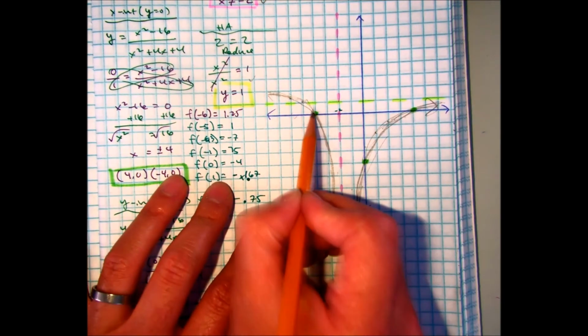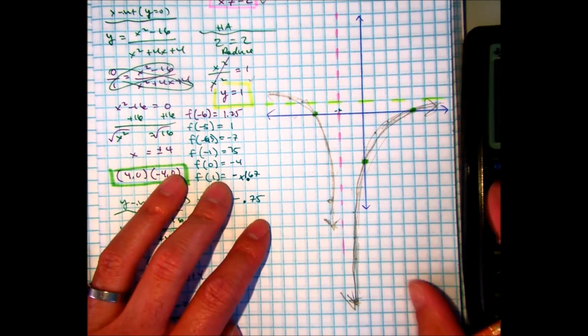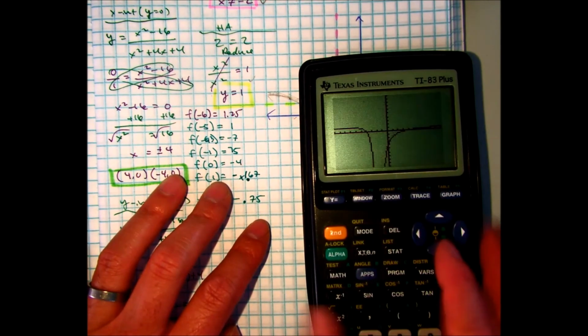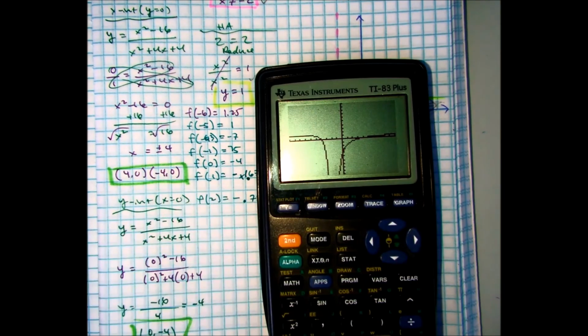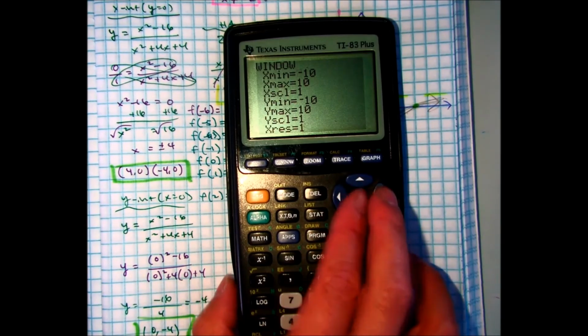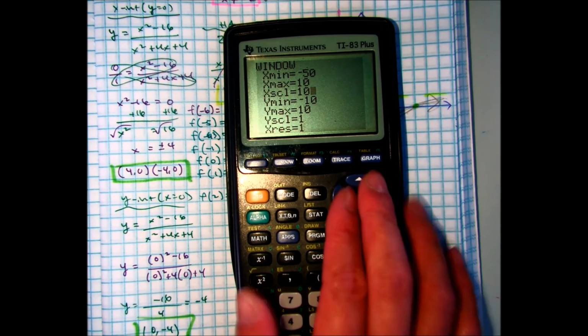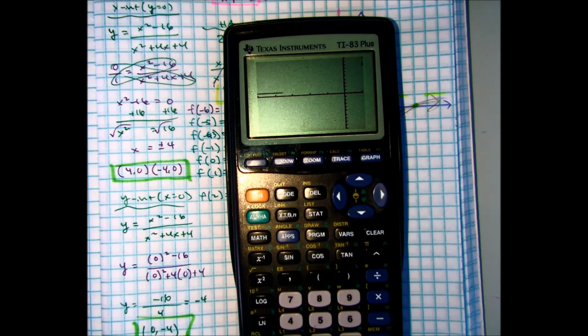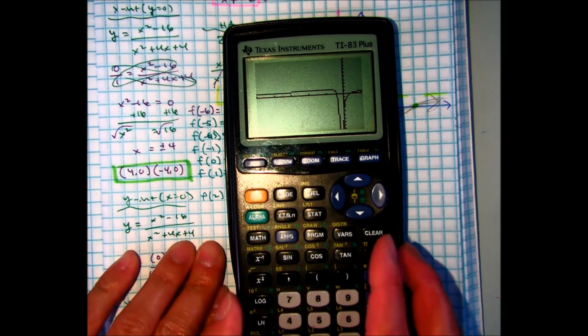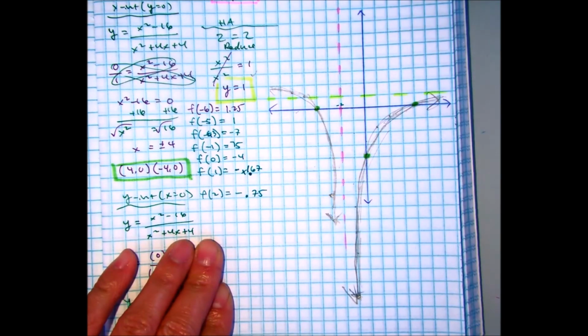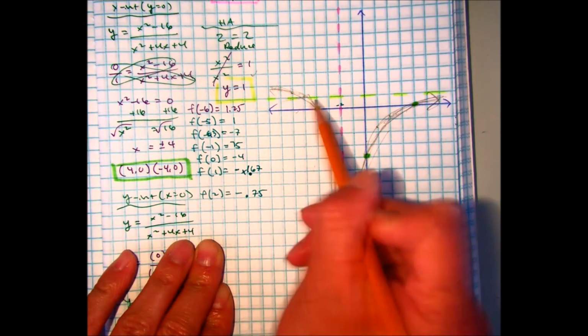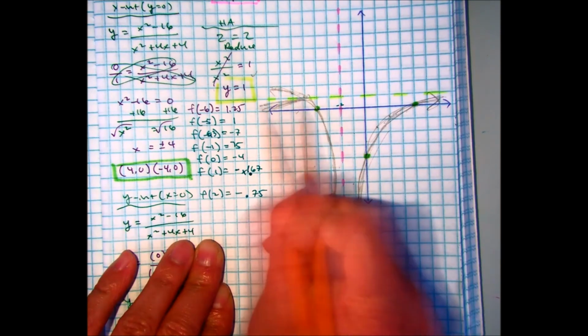Our graph, I think, I gotta think about this one. Let's change our window, see what happens. Negative 50, count by 10. That's what happens. So our graph, it looks like it actually goes down, doesn't it? Not up.